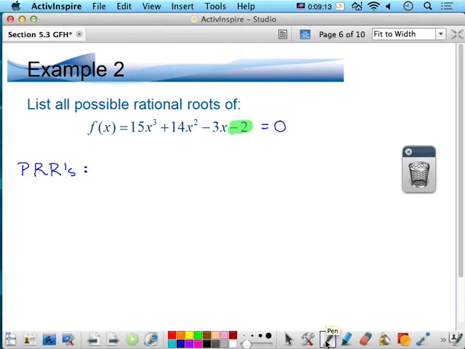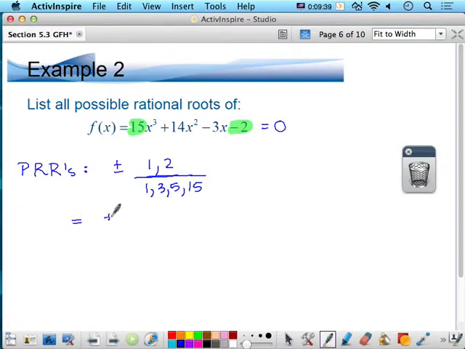So all the factors of negative 2 are plus or minus 1 and 2, and divide it by the factors of the leading coefficient, which in this case is 15. And all of the factors of 15 are 1, 3, 5, and 15. No other numbers will divide into 15. So then we simply split that up.